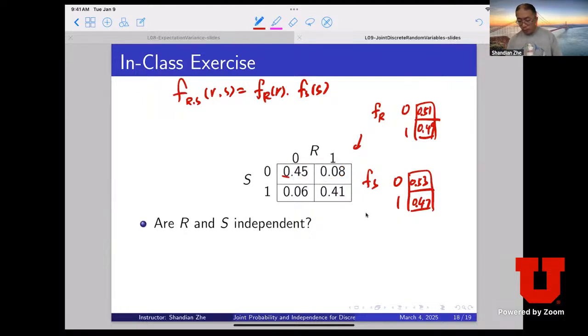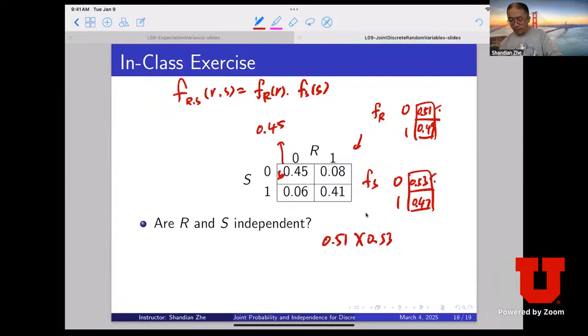So now we just need to check for every entry in this table whether it is the same as the product of the values of the marginal PDFs for R and S, right? So we can just check the first one. When S is 0 and R is 0, you know the joint density is 0.45, right? And what's the product of the marginal densities? 0.41 times 0.43, right? Okay.